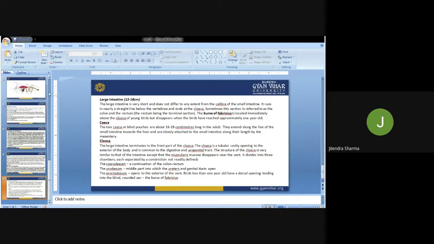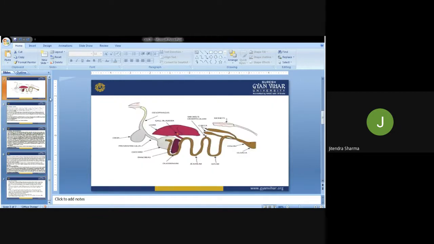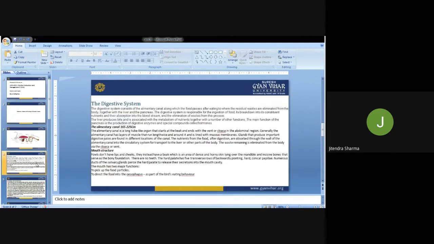So this is about the poultry bird digestive tract and digestive system which we have tried to understand and explain. It is very long, approximately 222 centimeters from beak to vent. The entire activity taking place in the digestive tract is governed by the nerve which we call the vagus nerve.